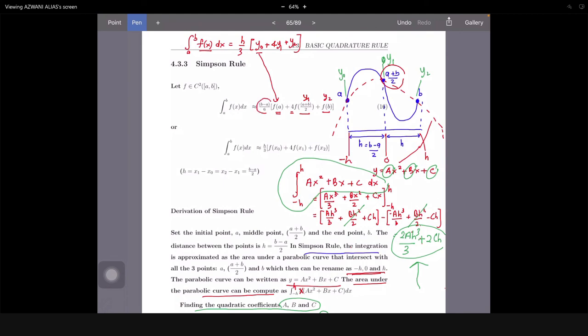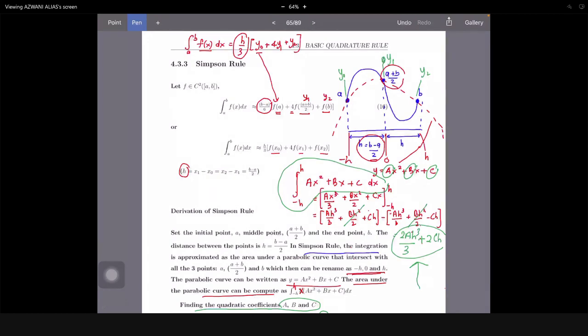B minus A over 6 is equal to H over 3 di mana sebab nilai H tadi adalah the step size kita adalah B minus A over 2. Okay, B minus A over 2, that's why dia akan dapat H over 3. Okay, sama juga yang ni dia boleh tulis dalam bentuk X0, X1 and X2. Okay, jelas tak? Tu adalah Simpson Rule.